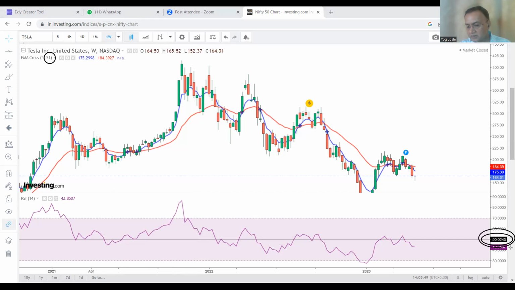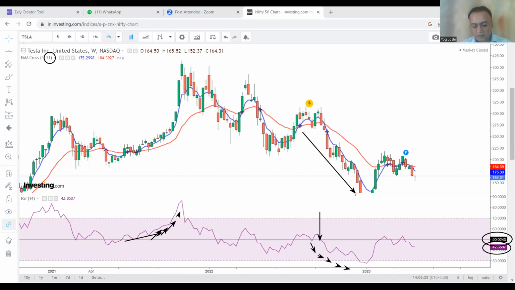And whenever you find RSI below 50, it is a negative sign. So 50 is the benchmark. If the RSI is above 50 and growing, it indicates upward momentum. And if the RSI is below 50 and falling, it clearly indicates a downfall.